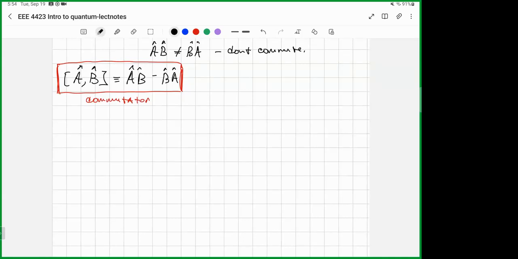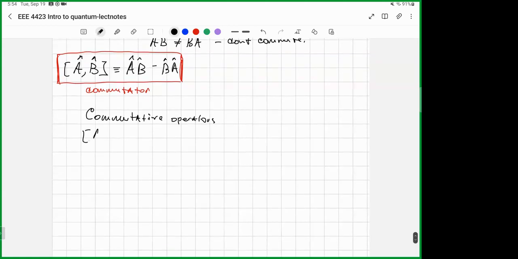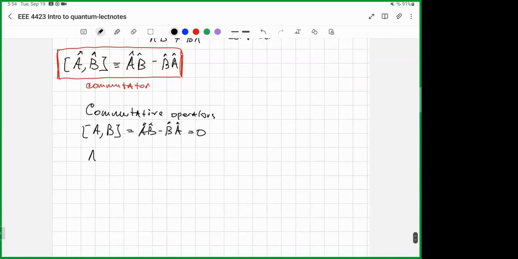So for example, for the commutative operators, the commutator is equal to 0, which means AB equals BA.